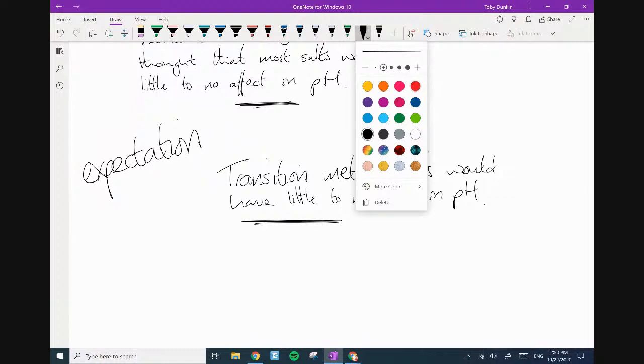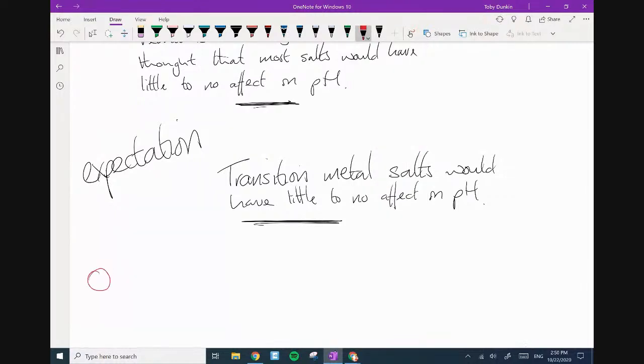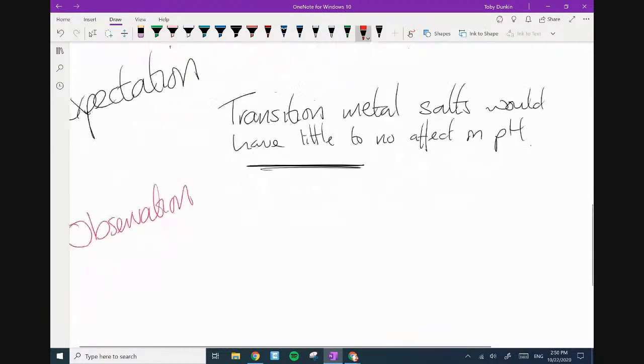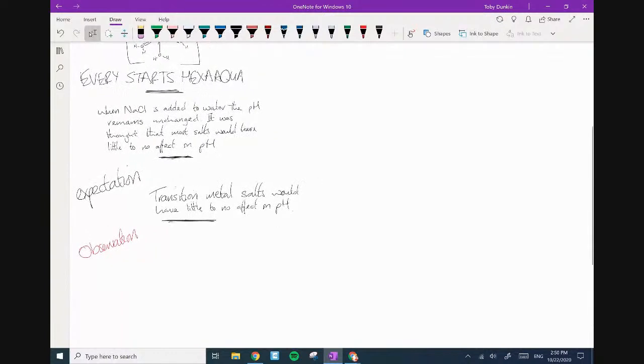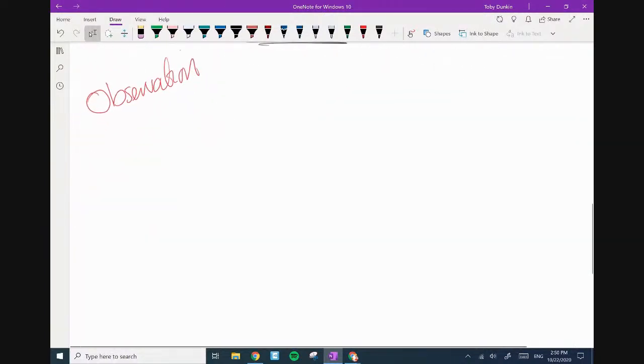Real life observation. What they actually observed was something they really didn't expect.